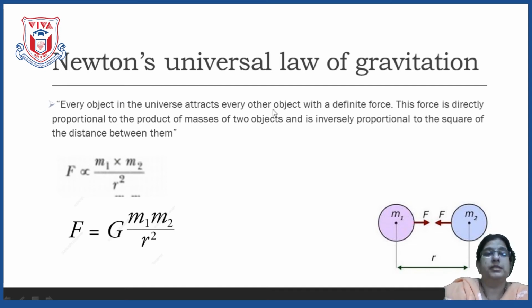This force is directly proportional to the product of masses of two objects and is inversely proportional to the square of the distance between them. That is, F is equal to G m1 m2 upon r square.